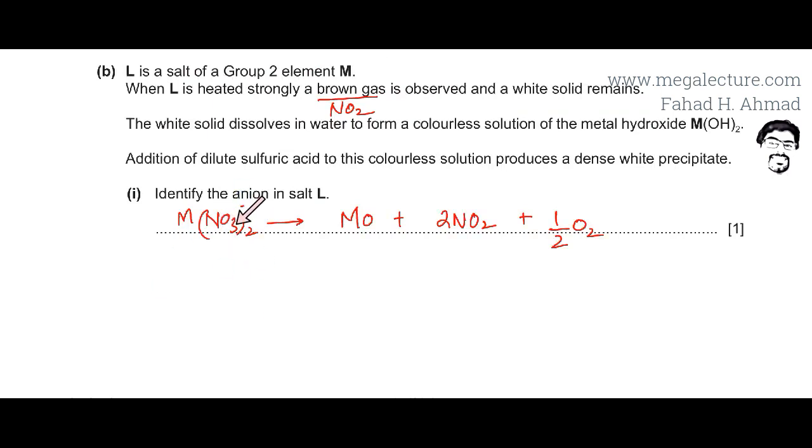Metal nitrate undergoes decomposition to produce this brown gas NO2. And the white solid is probably going to be the metal oxide that is produced. So the anion responsible would be the nitrate ion. We don't know what M is, but the anion would be nitrate ion because it decomposes to produce this brown gas.